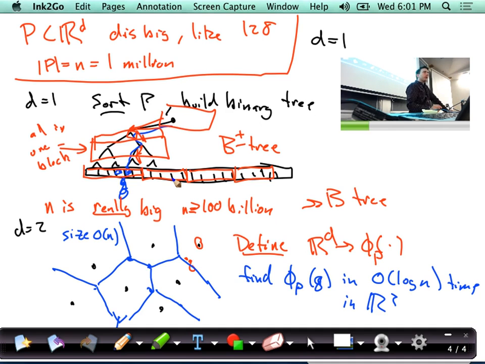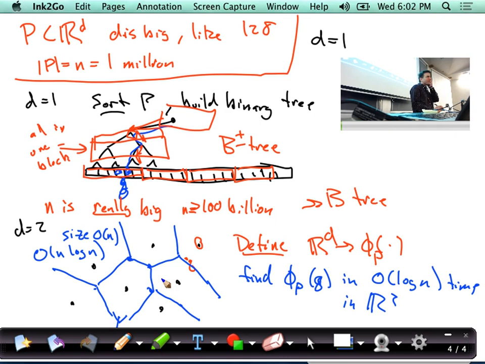What's the build time like for building? So the randomized build time, you can do it in n log n. Basically, you randomize the order of the points, and then you add them in, figure out the nearest neighbor, and update the structure. If you do it in a random order, in expectation, the update to the structure is really small.